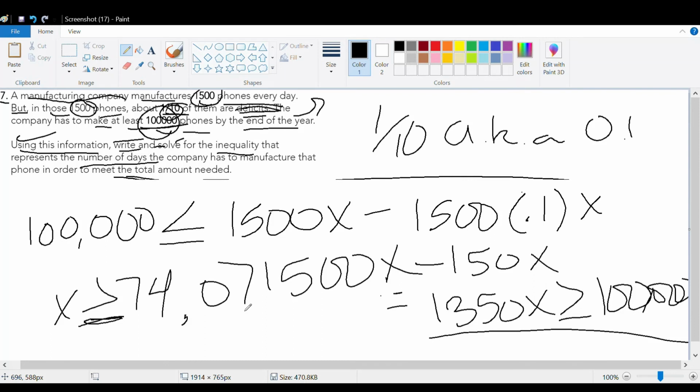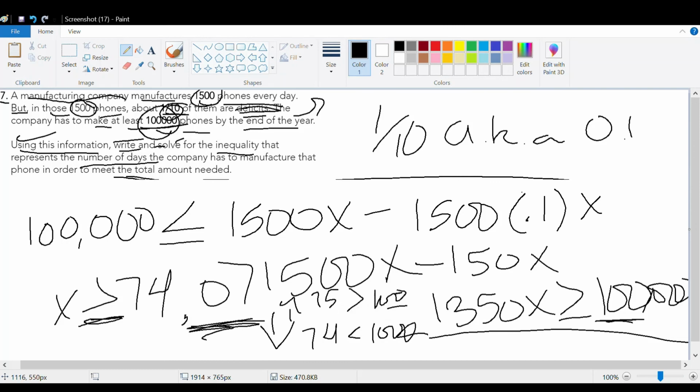But no one can make 0.7 of a phone. They have to make a whole number. So if we go down to 74, that would be less than 100,000. But if we go up to 75, that would be more than 100,000.